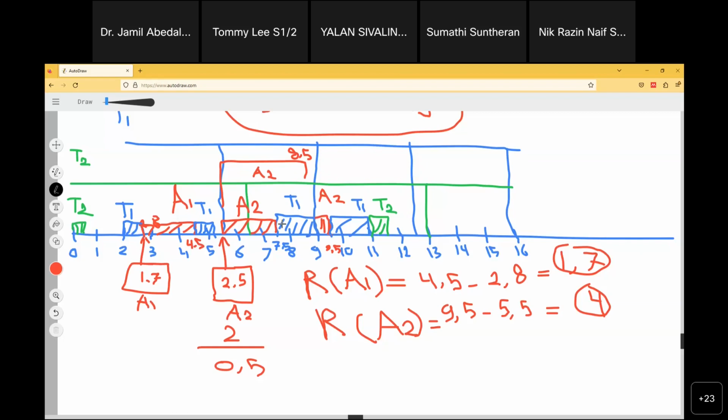Then we can execute A2 in the slack time, as much as we can, and the remainder goes to the next interval. Okay. Any questions?